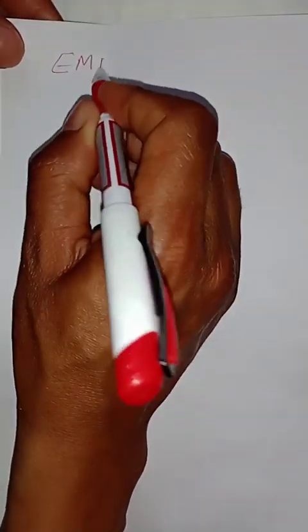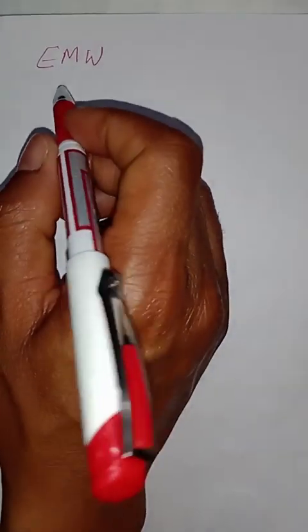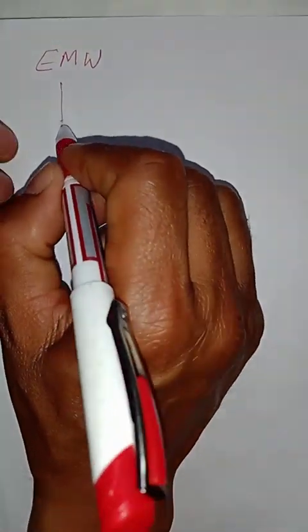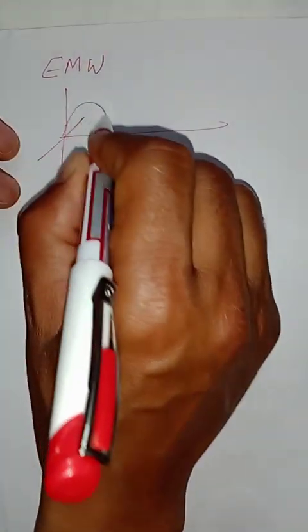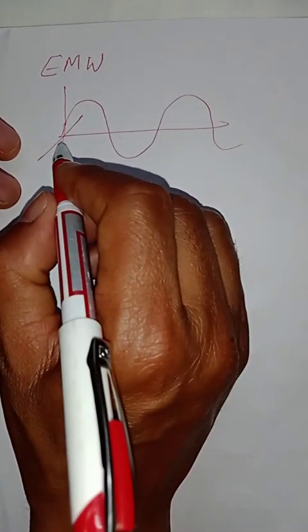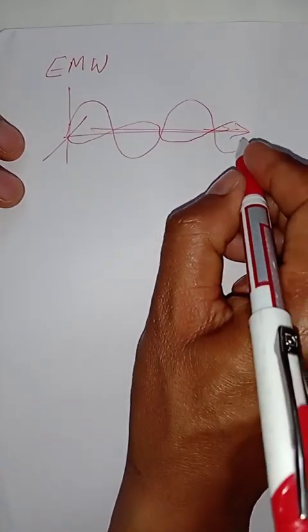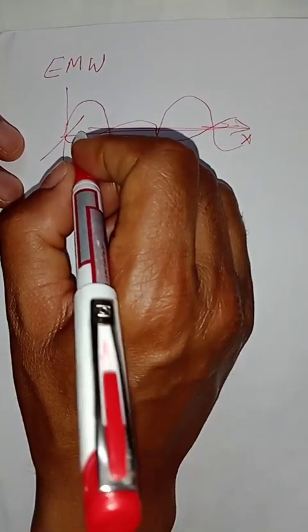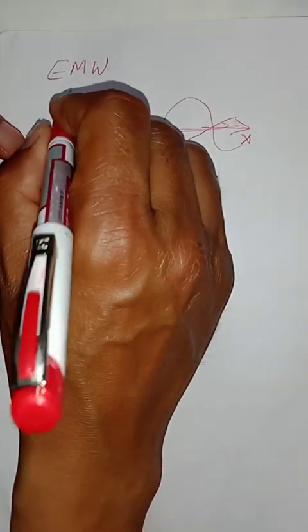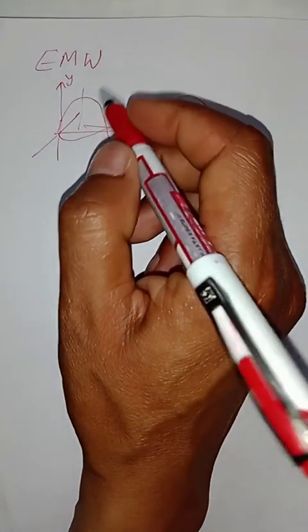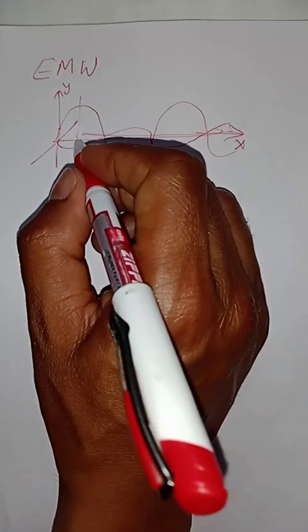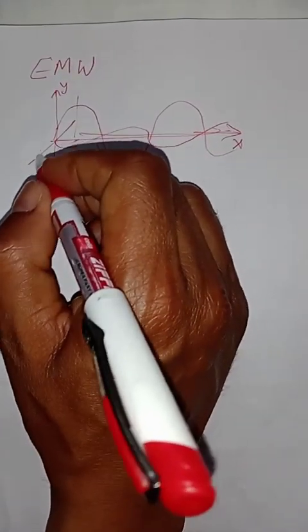So electromagnetic waves are also transverse waves, and they carry a pulsating electric field and a pulsating magnetic field. So if there is an electromagnetic wave propagating along the positive x-axis, whose electric field is oscillating along the y-axis, going to positive y, then negative y also, and its magnetic field is oscillating about the z-axis.